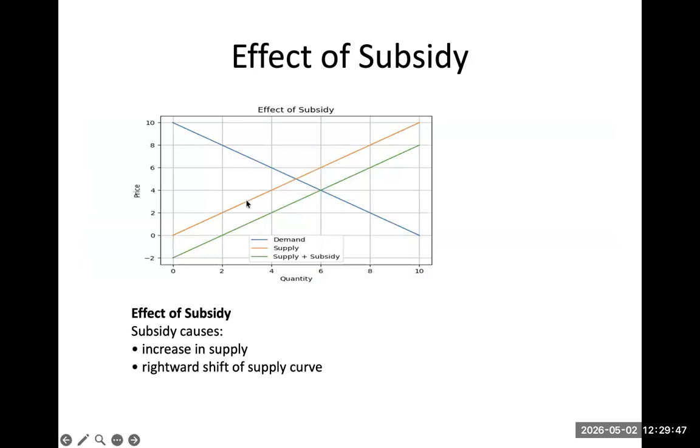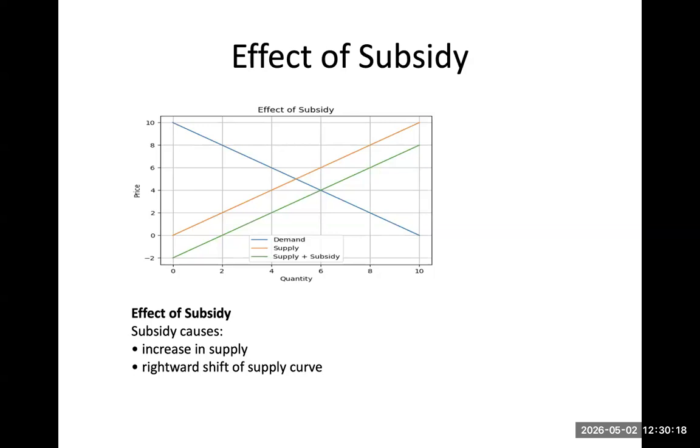I'm saying that whenever the government gives, let's say, farmers some subsidy, it aids their production.